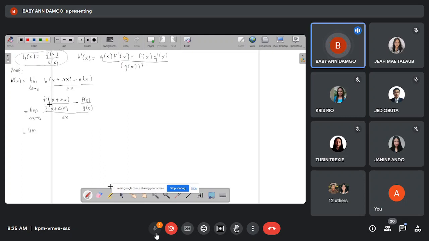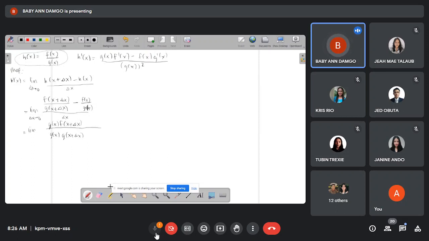So, simplify. So, g of x. So, kuha na itong LCD. So, this one, divide ani. So, it's g of x times kani. So, g of x times f of x plus the change of x.